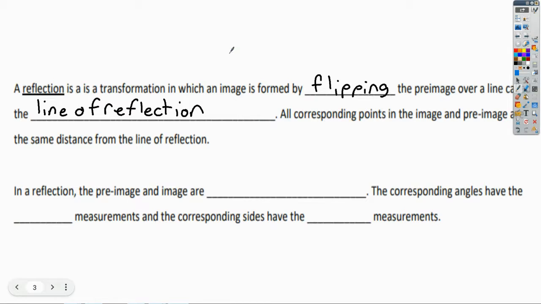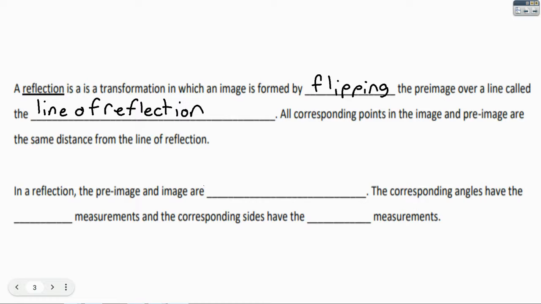And when you do that, what you're going to notice is that every single point is going to move in a similar way, okay? So when we move it, all the corresponding points in the pre-image and the image are going to move the same distance away from the line of reflection. So you're going to flip it over a line, and it's going to be the same distance on both sides.